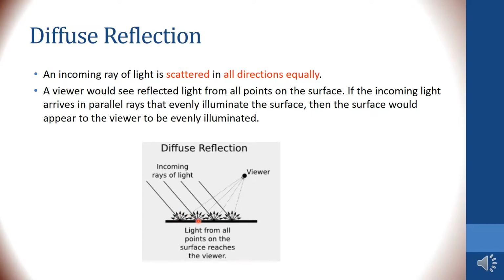The light is reflected at these angles in all directions equally. That is why the viewer can see the reflected light from all points on the surface. So this is diffuse reflection.